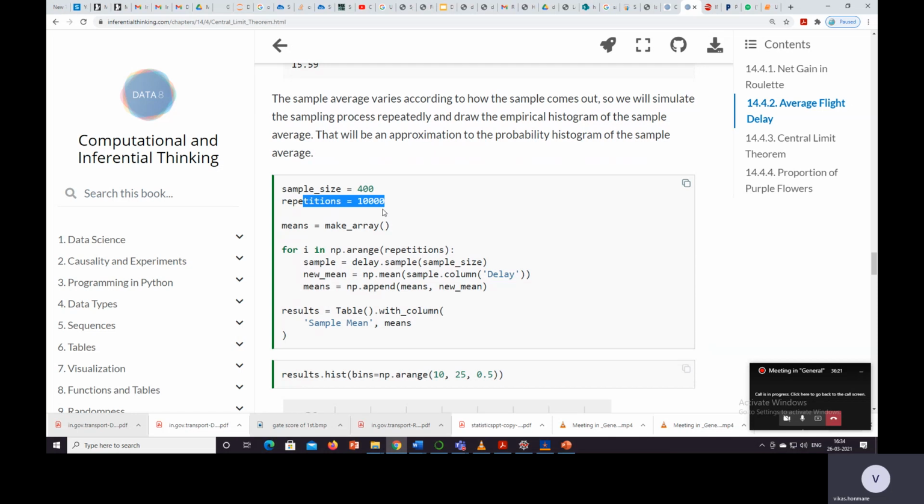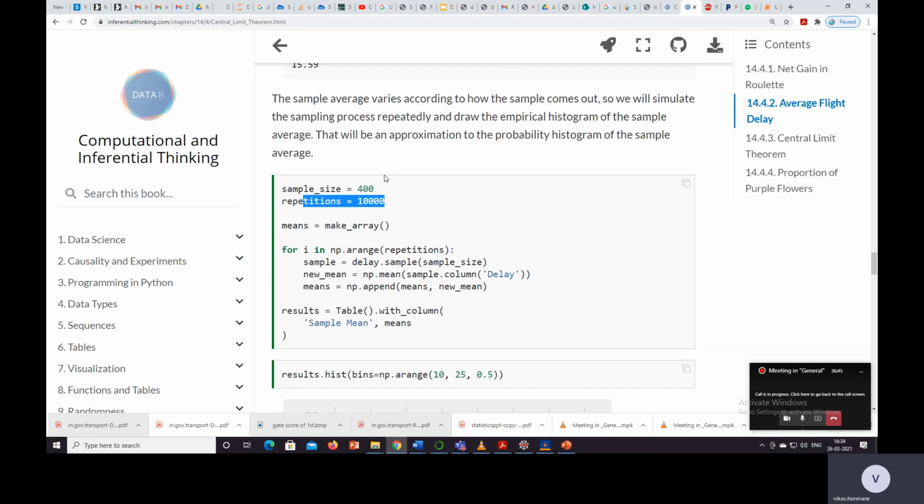We have a total of 13,825 flights. From that we use the with replacement strategy, and take the first 400, then again 400, again 400. Such an experiment we do 10,000 times.